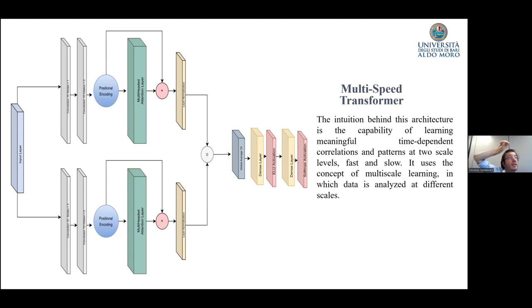The upper branch is slower because it has a one-dimensional convolution with stride 1, followed by a one-dimensional convolution with dilation rate 2, positional encoding, multi-headed attention, residual, normalization, and concatenation with the lower branch. And then it follows a standard feed-forward architecture.